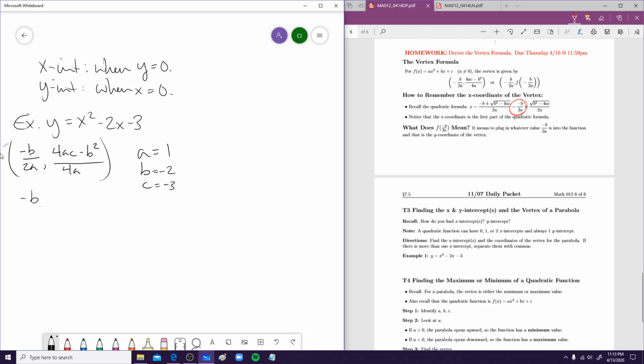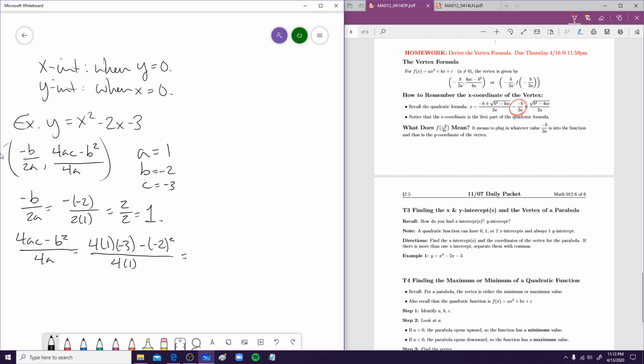So negative b over 2a, this is negative negative 2, over 2 times 1. So this is positive 2 over 2, which gets reduced down to 1. And then 4ac minus b squared over 4a: this is 4 times 1 times negative 3, minus negative 2 squared, all over 4 times 1.